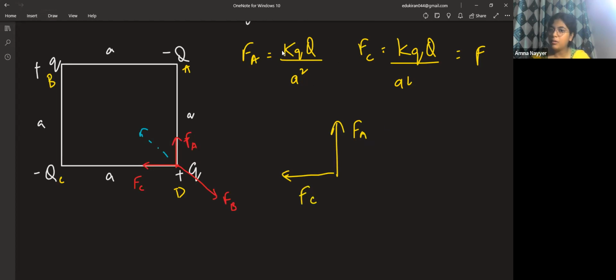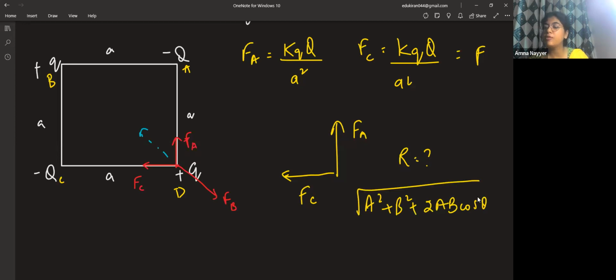We know their magnitudes, KQ by A square. We have to find the resultant's magnitude, so we have to find their angle, because the formula is the square root of A square plus B square plus 2AB cos theta. This is the formula for finding the resultant's magnitude through the parallelogram law.